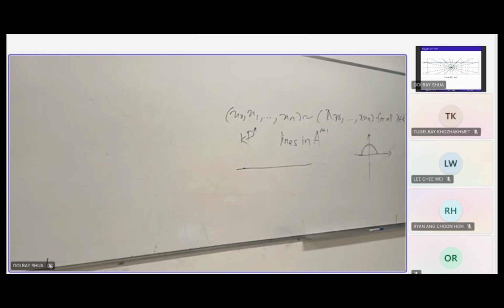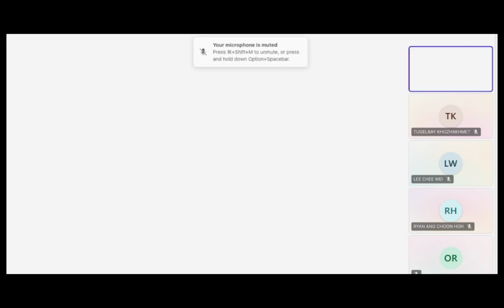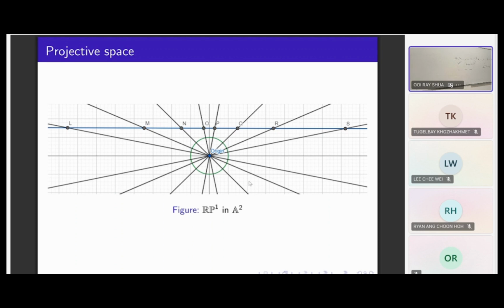But before we talk about what happens when you look 90 degrees towards your right or your left, we will not talk about that first because that's where the infinity actually exists. So P1 is actually not really that complex.